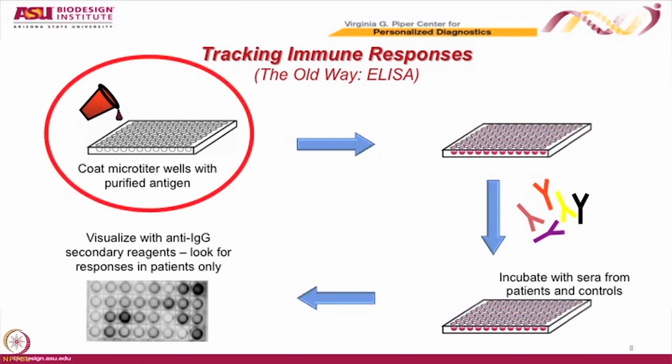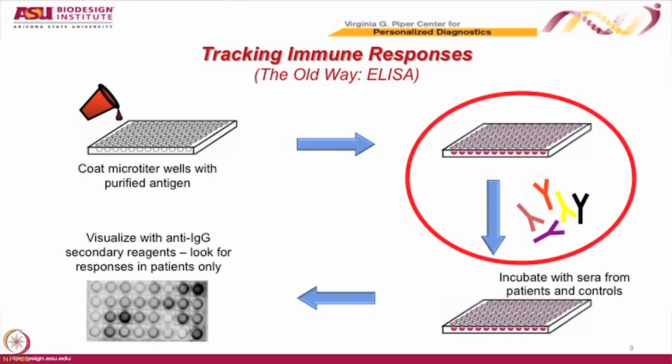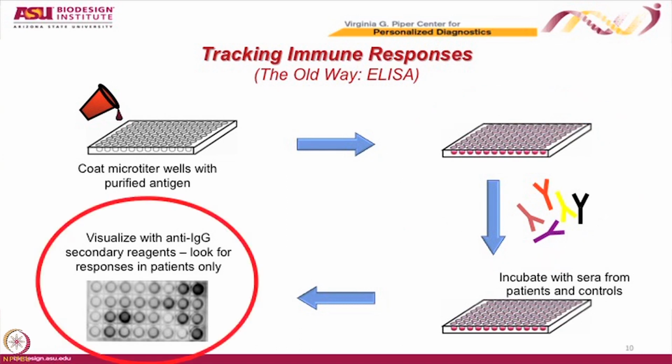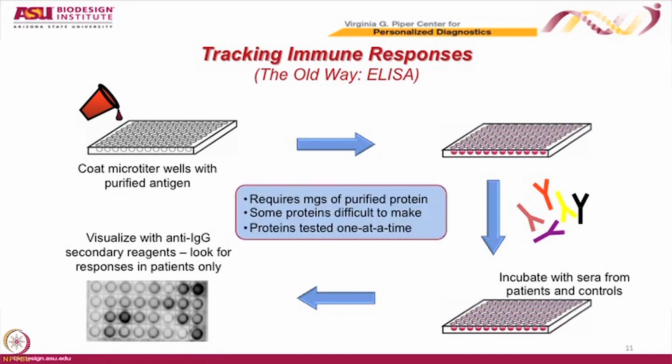And the idea is you put your protein in the wells of a dish, you attach the protein to the bottom of the well, you then add to each well the serum from a patient. If the patient has a strong response to that protein, then you'll get a strong response like this. If the serum has no response, you'll get no signal there. Okay? And so that tells you which patients had a response or not.